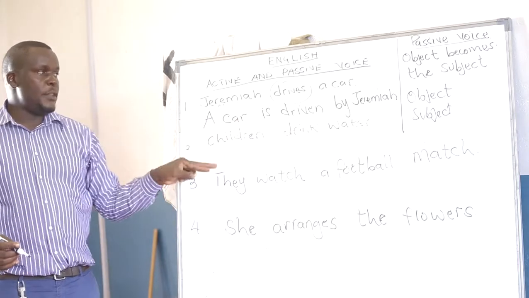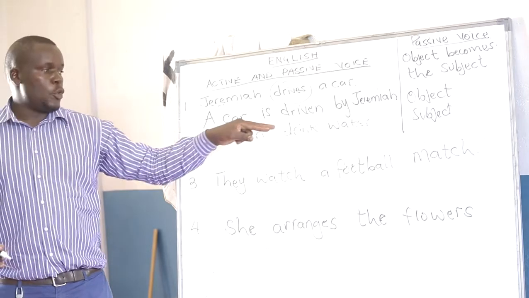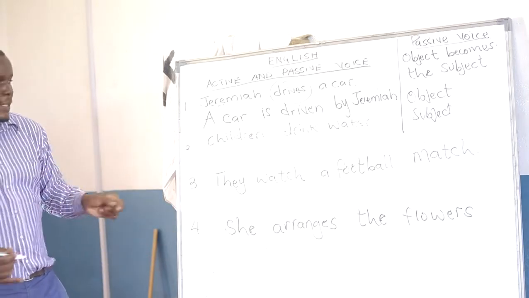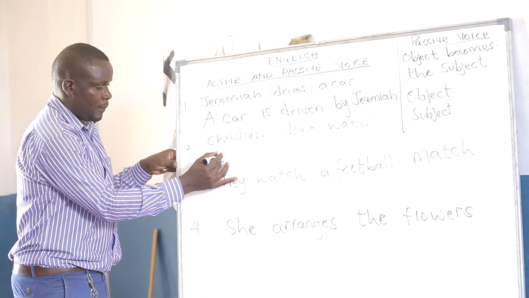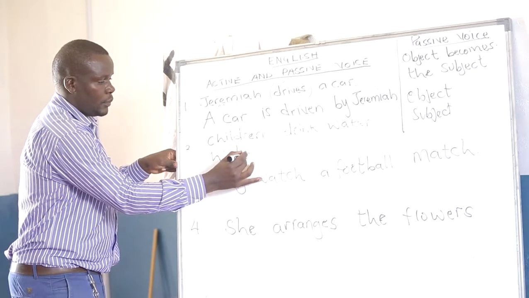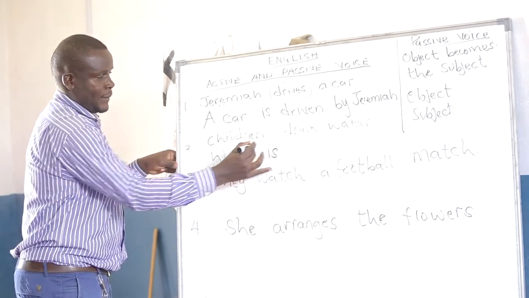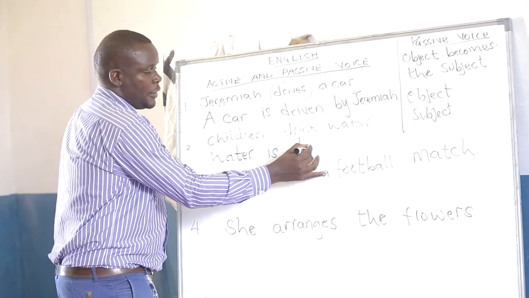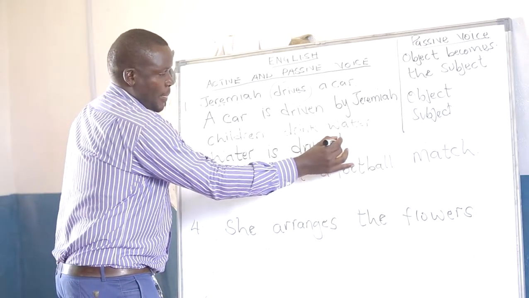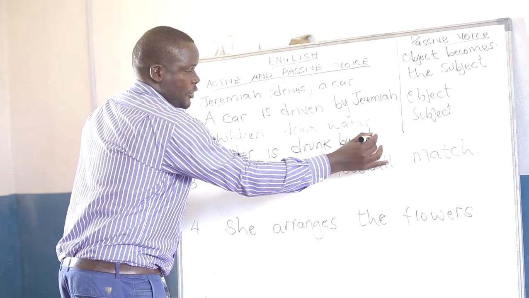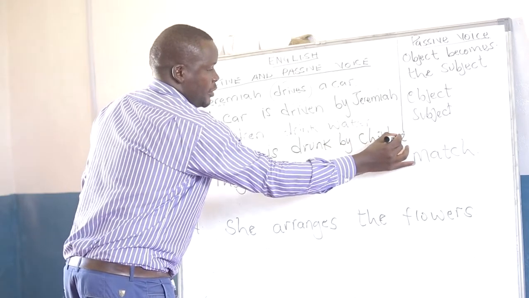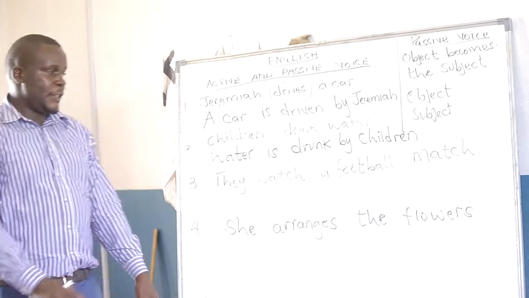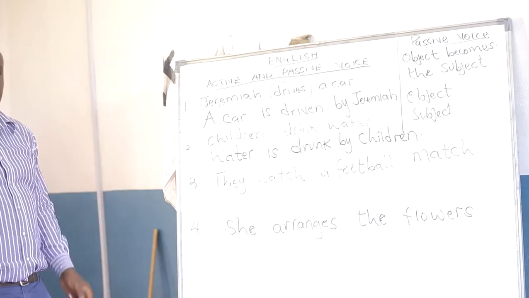And therefore, when we are changing this sentence from active to passive, we shall start by saying water is drunk by children. Water is drunk by children.